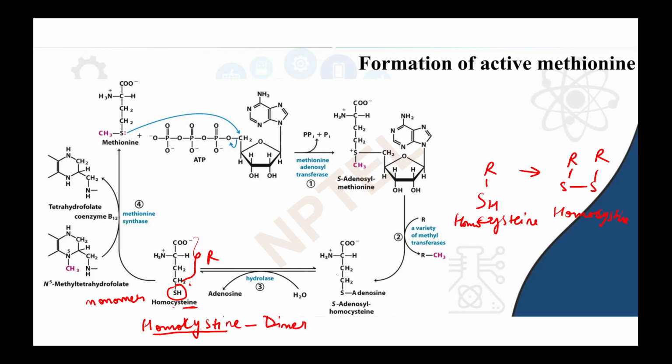Now, what was I saying? The cyanide nitroprusside test. Cyanide can break this disulfide bond, so cyanide can convert homocystine to homocysteine. In the presence of cyanide, this disulfide bond will be reduced and we'll get the reduced form of homocysteine, that is, the free SH group will be there.